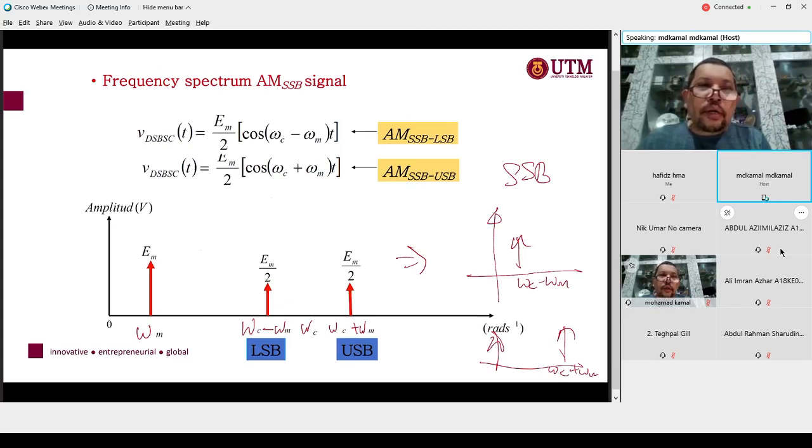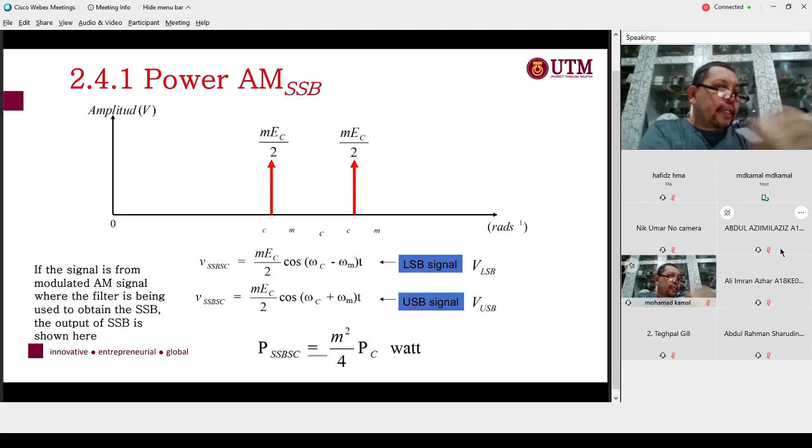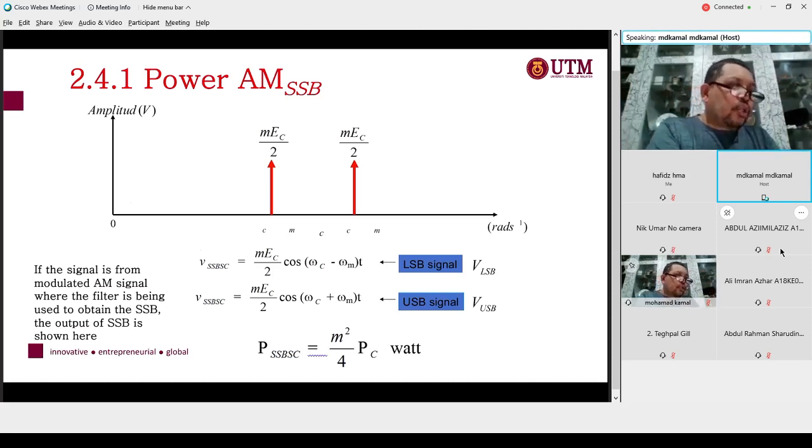And then if you talk about power in SSB signal, it is the same thing as we know before. Okay, so let's say I show you, this is actually taken from the AM signal.